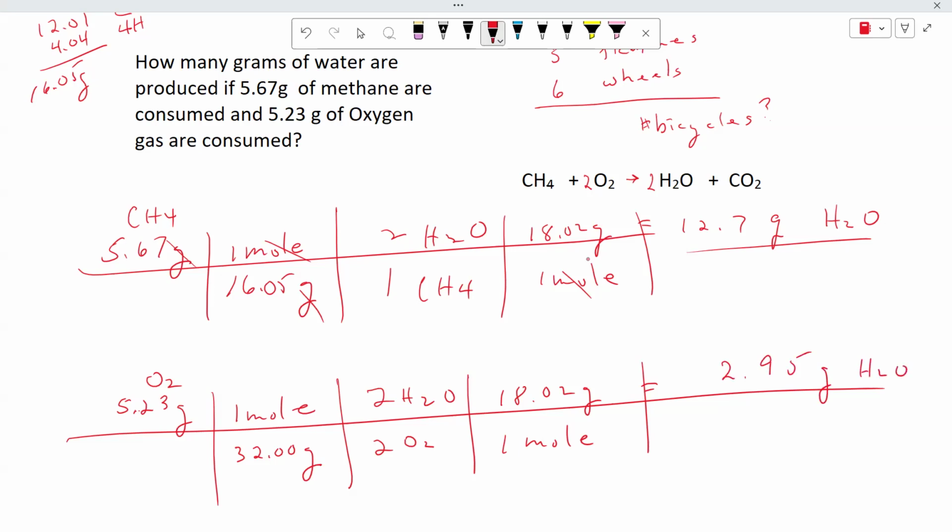Okay, so if we're looking at just the oxygen calculation, it's 295. Just the methane calculation, it's 12.7. So the oxygen limits the reaction.